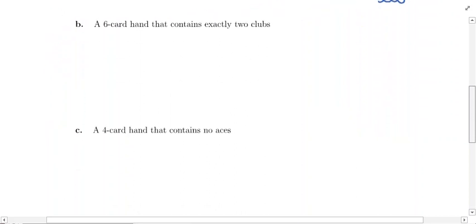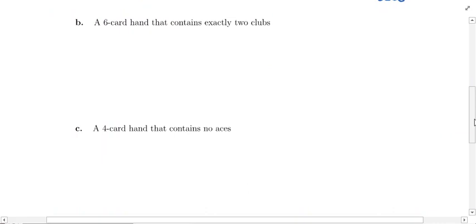Now we're looking at 6 card hands, and we want to be dealt a 6 card hand that contains exactly 2 clubs. So let's actually write down how we're going to compute this.